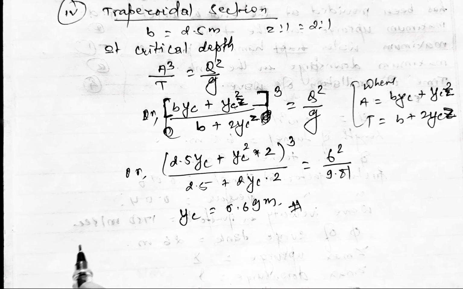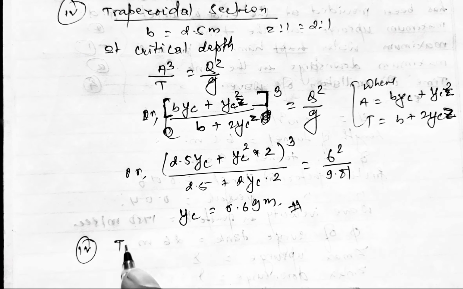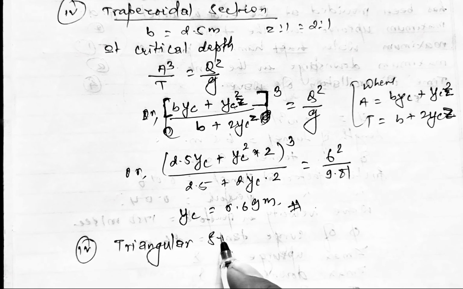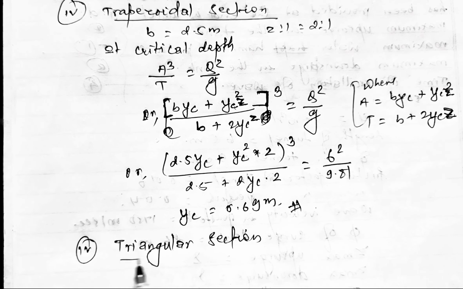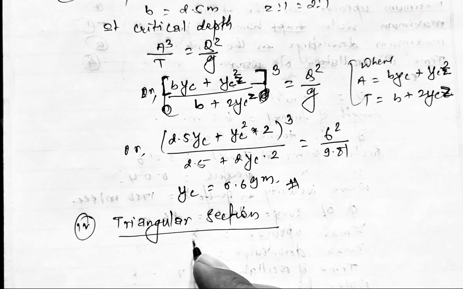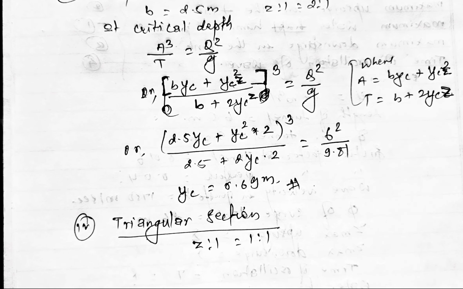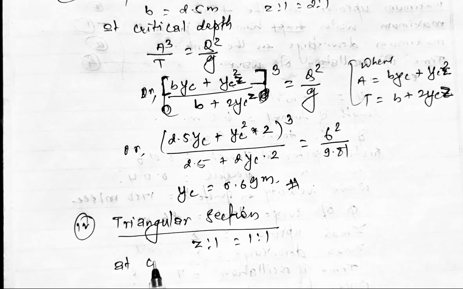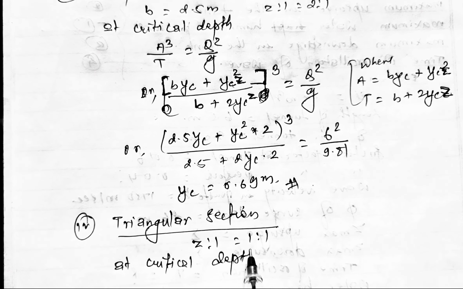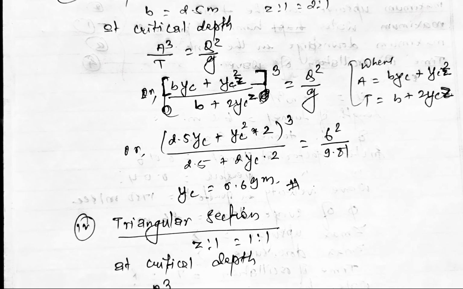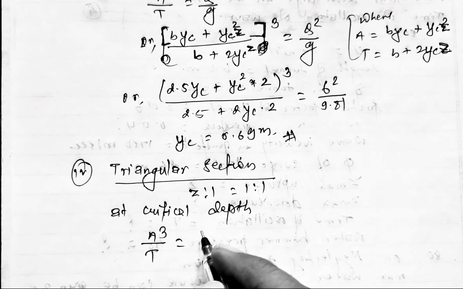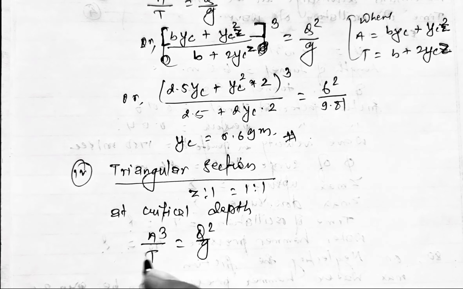Now in the fourth, we'll go to the triangular section at side slope Z:1 equals 1:1. At critical depth, A cube by T equals Q square by g.